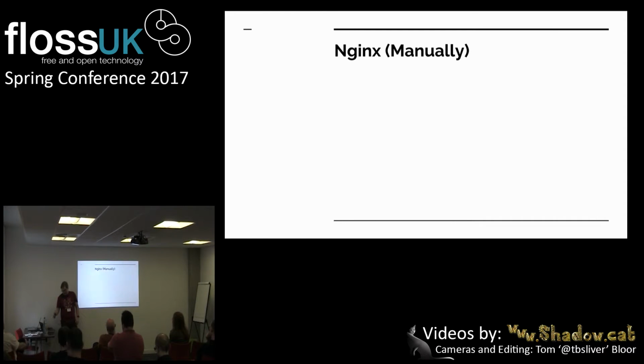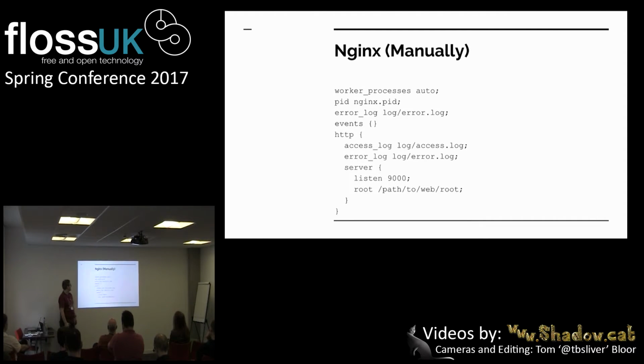So this is it. Auto number of worker processes, but you can set that to whatever you need. A PID file, an error log file. It does actually go completely ape if you miss that. And an events block, which is weird because I don't need anything in it because everything that it requires has a sensible default.